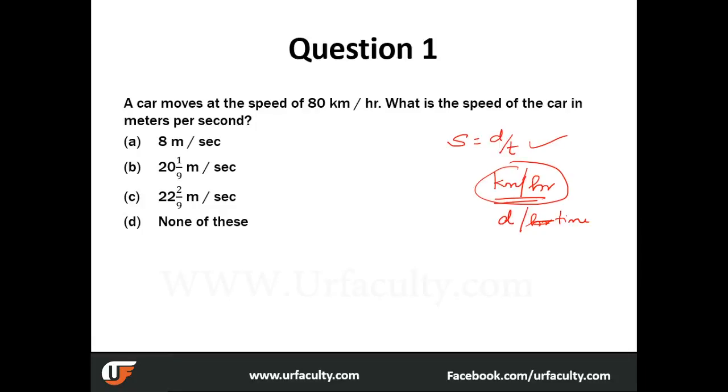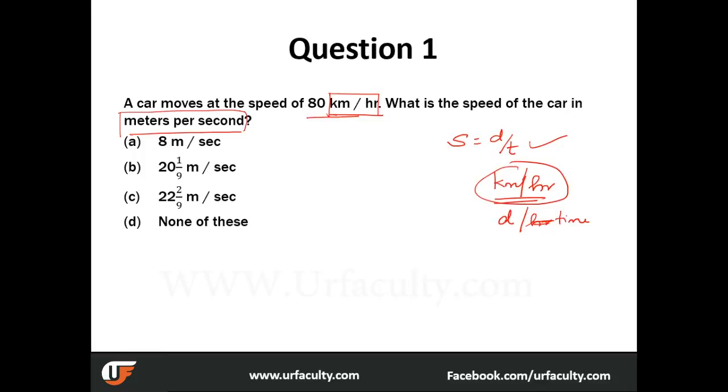Okay, so let's start with our first question. A car moves at the speed of 80 km per hour. What is the speed of the car in meters per second? One thing that you need to note in problems related to time and distance is the units used. It's kilometer per hour here and they're asking for meters per second. So how do you convert kilometer per hour to meters per second?